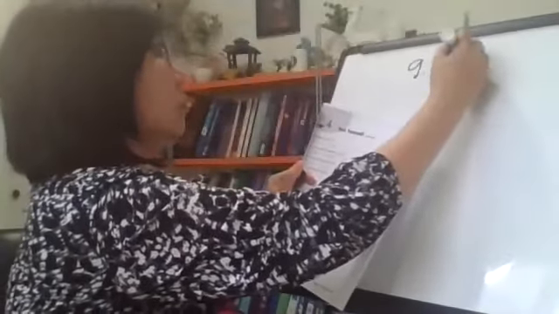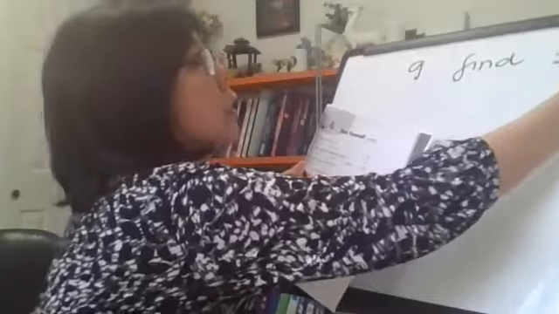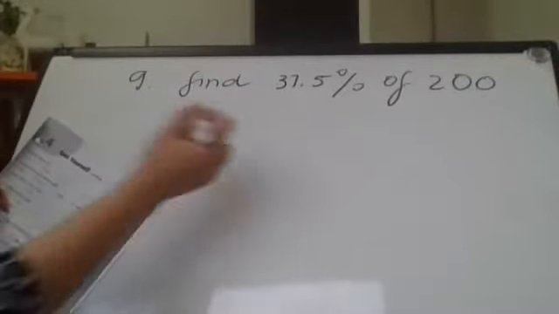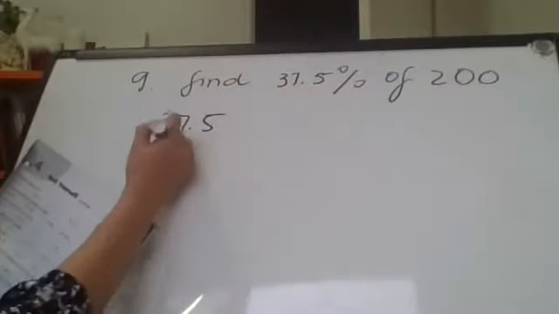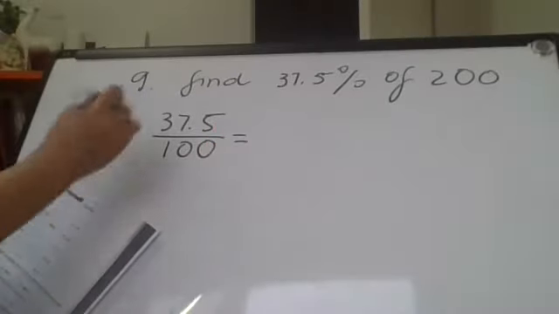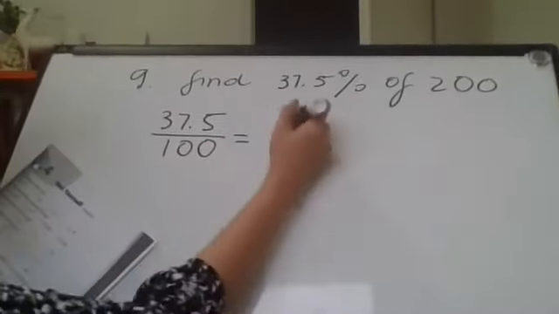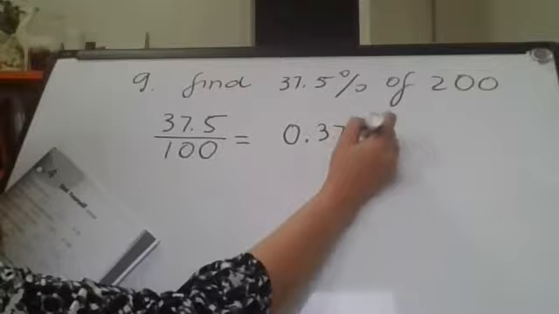Find 37.5% of 200. All you do is convert 37.5% to a decimal by dividing by 100, and with a calculator you get 0.375.